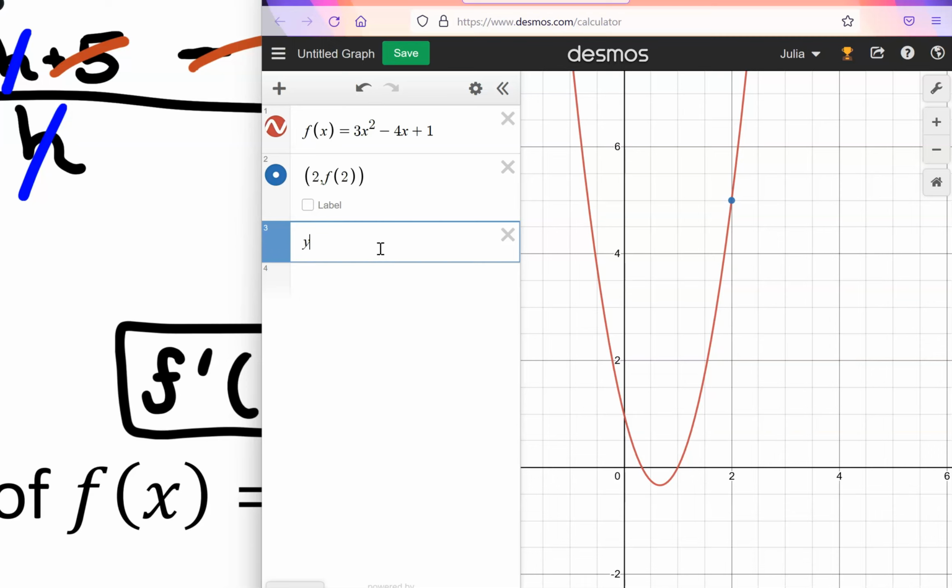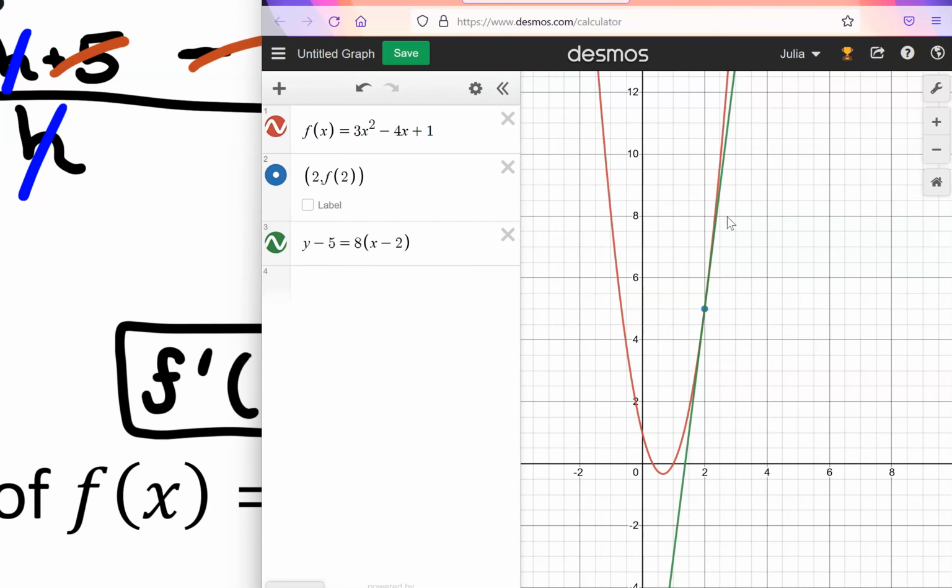So y minus our y coordinate, which was a positive 5, equals our slope, which we calculated to be 8 from that derivative, and then in parentheses, x minus the x coordinate, which is 2. And now we can see our tangent line, which means our slope is correct.